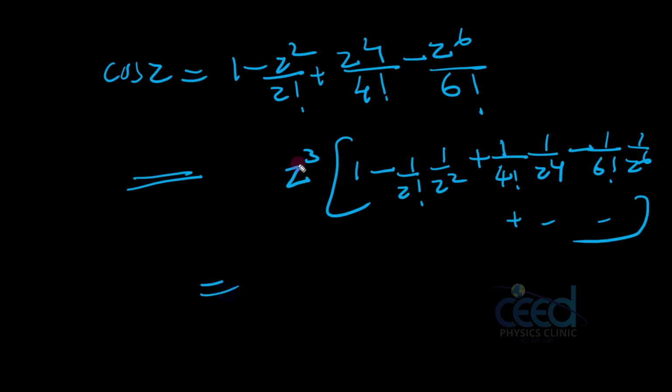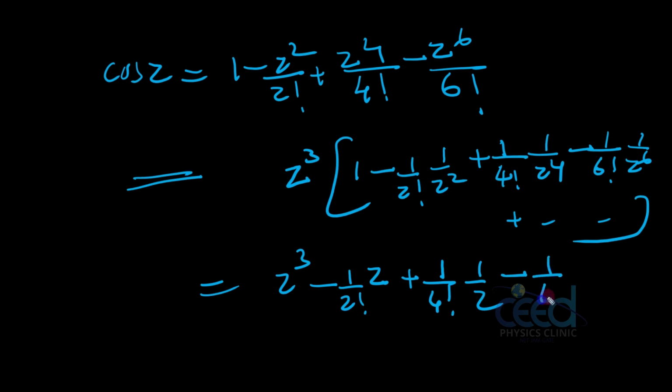So when I multiply by z cube, I get z minus 1 by 2 factorial into z, plus 1 by 4 factorial into 1 by z, minus 1 by 6 factorial into 1 by z cube, right?